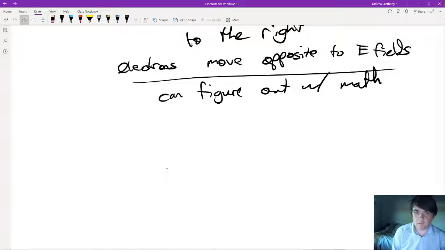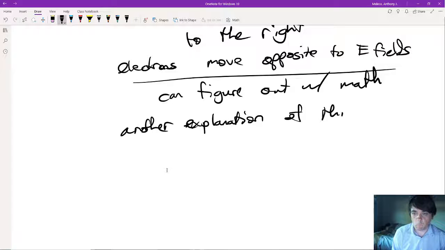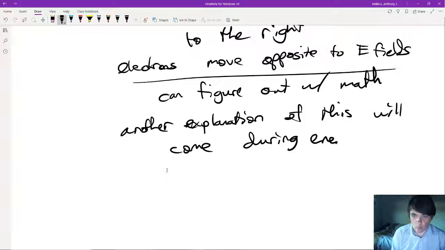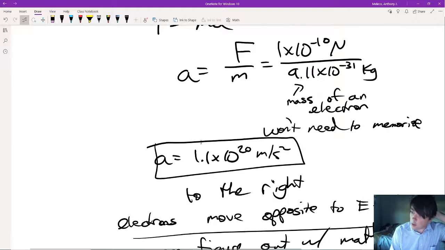Another explanation for this will come when we talk about energy, which you'll learn right after this, when we do electrical energy.